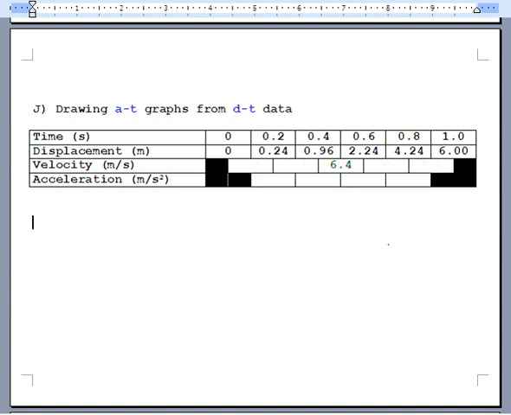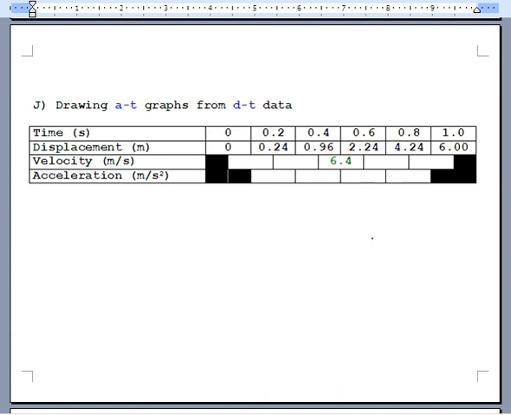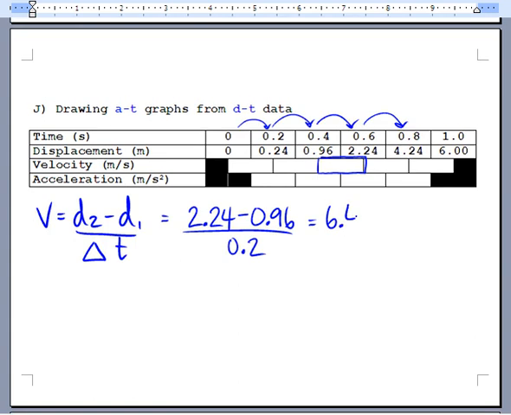One other quick note, if I scroll back, I should put this in here. Remember that when we calculate velocity, I think that was 6.4. When we calculate all of our velocities and then we go to plot them on the page, remember we have to plot on the in-between times.